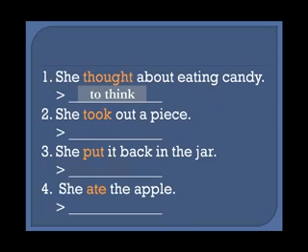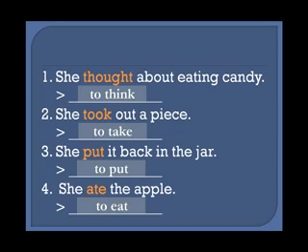To think. 2. She took out a piece. The infinitive? To take. 3. She put it back in the jar. The infinitive? To put. 4. She ate the apple. What's the infinitive? To eat.